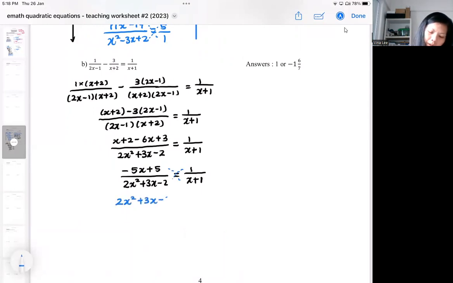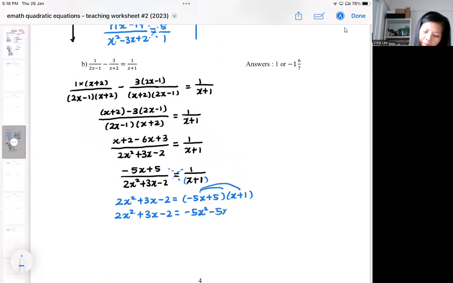But in the cross multiplication, you have a bracket multiplied by another bracket. So you realize that even after the cross multiplication, you got to be expanding this kind of brackets. So there's quite a lot of simplification.